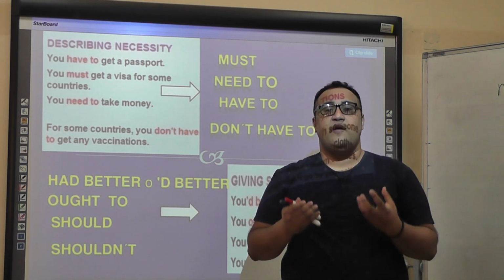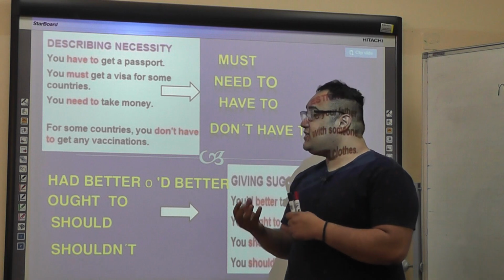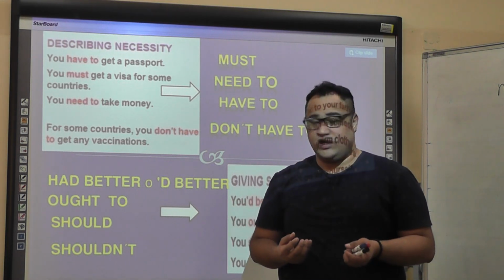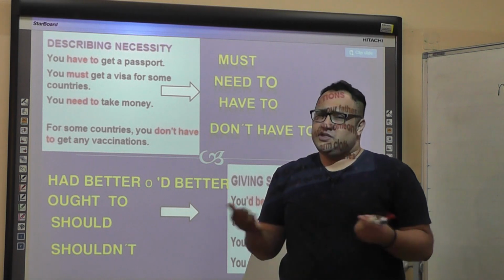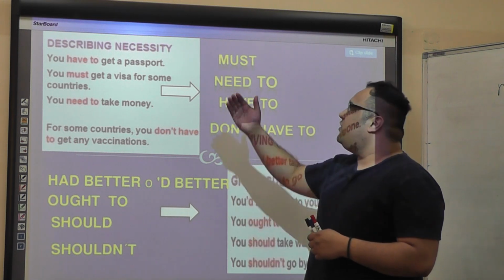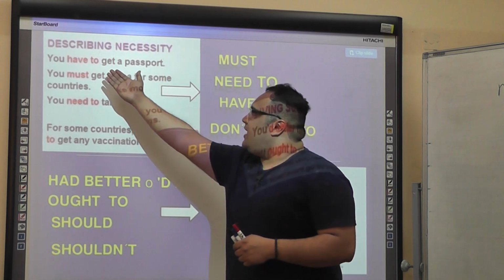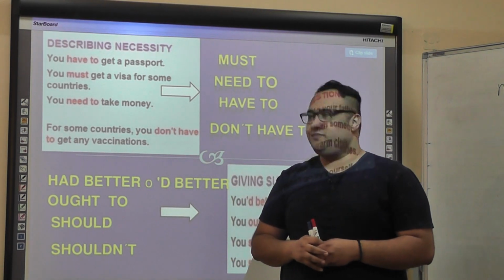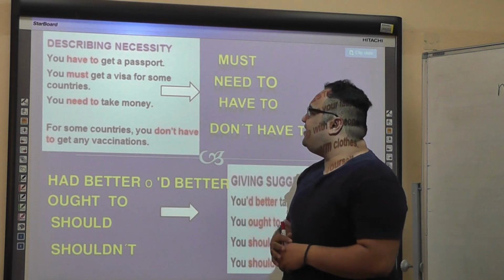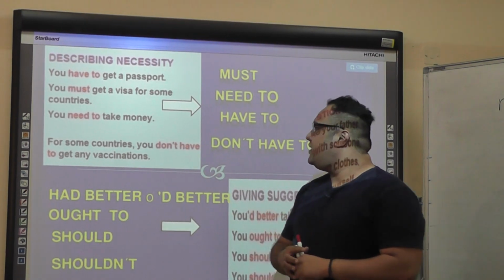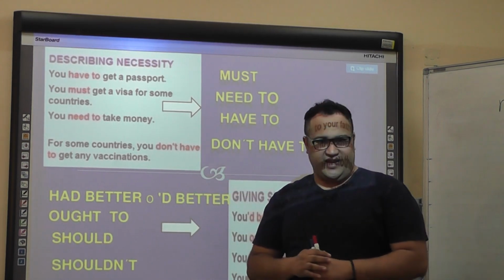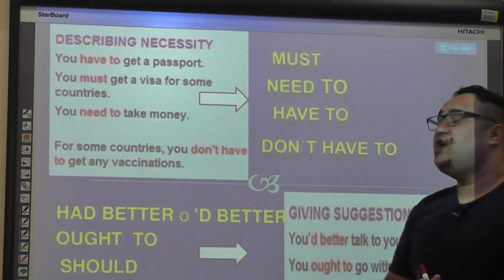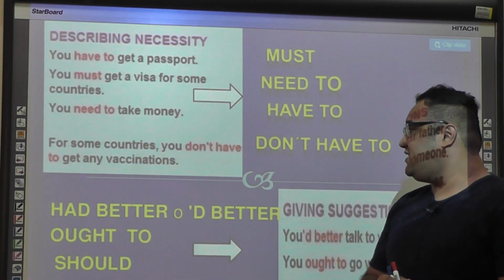There is no big difference when you use must in replacement of have to, or need to in replacement of must. There's no difference at all. Now, let's have some examples here. You have to get a passport. You must get a visa for some countries. You need to take money. And another one here: for some countries, you don't have to get any vaccinations.